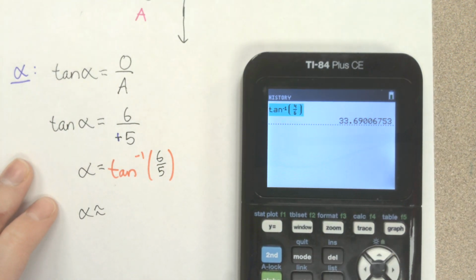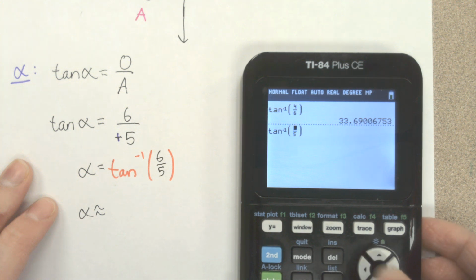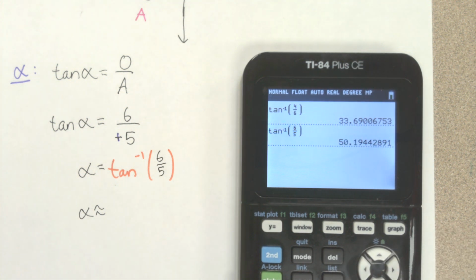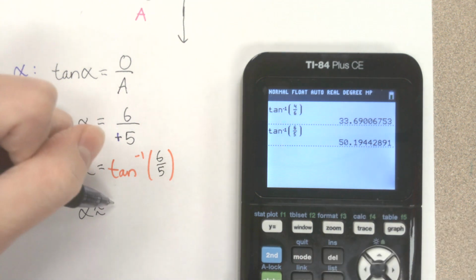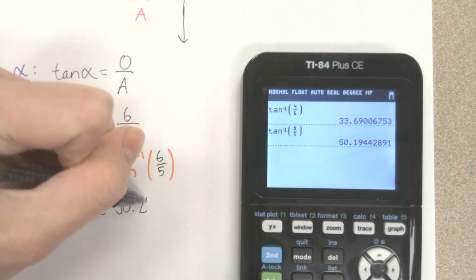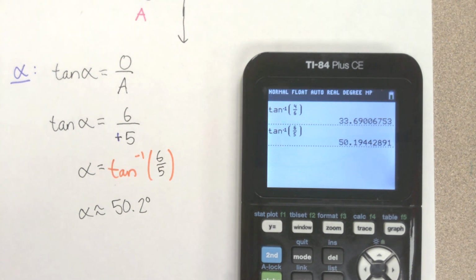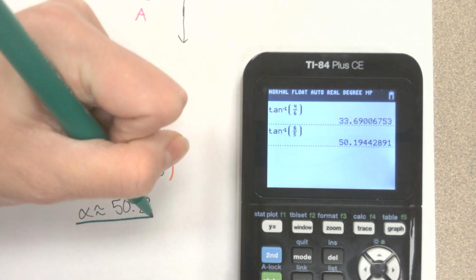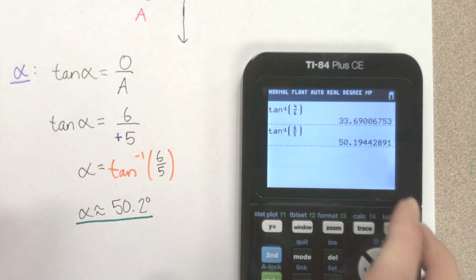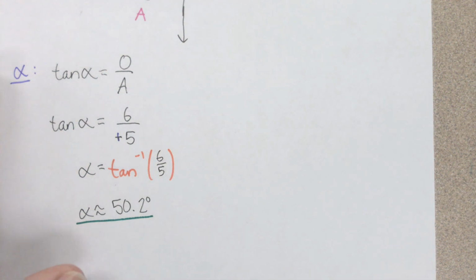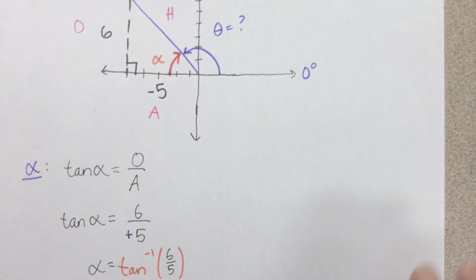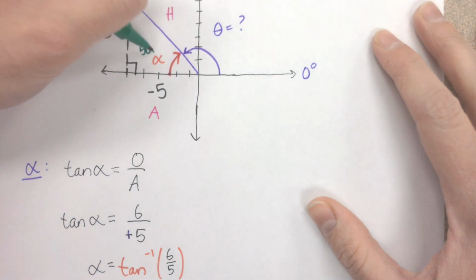And I'm just going to copy and paste this. Inverse tangent of 6/5, that is 50.2 degrees. So we now know that alpha is just 50.2 degrees.